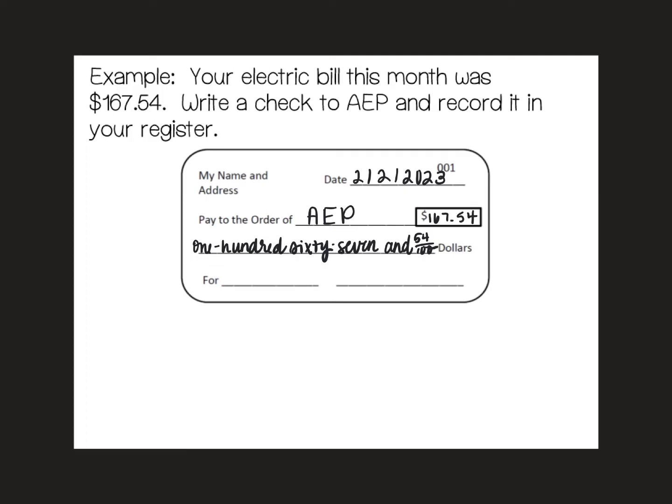In the memo line, we could write electric bill. Again, this part's kind of optional, but it is nice when you're having checks cashed to remember what it was for. And then lastly, we would want to sign our name, and you want to do that in cursive. So you will sign your name right here.